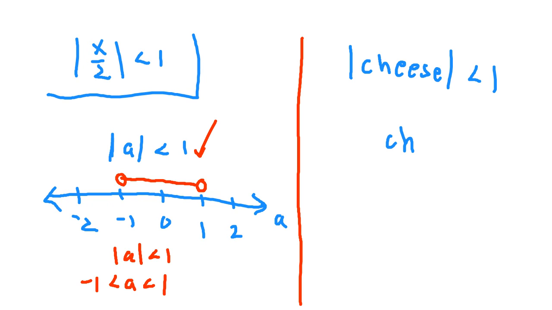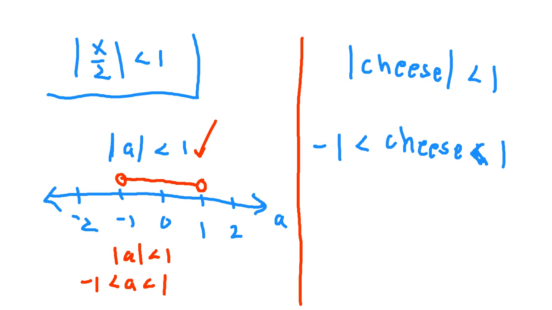If the absolute value of cheese is less than 1, then what would cheese be between? Right, it would be, that's right, Tosh, it would be less than 1 and greater than -1.